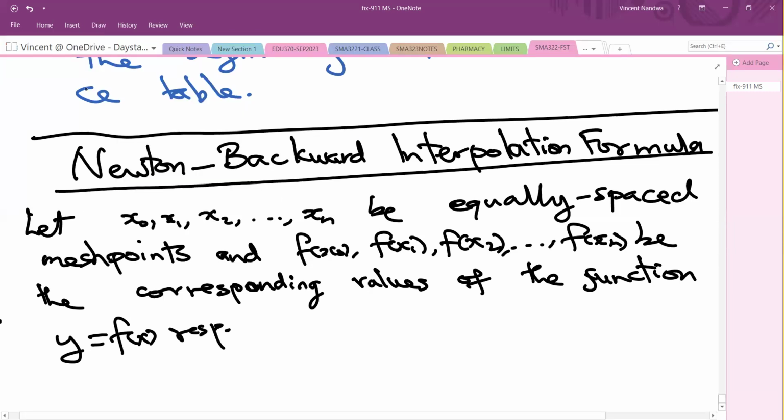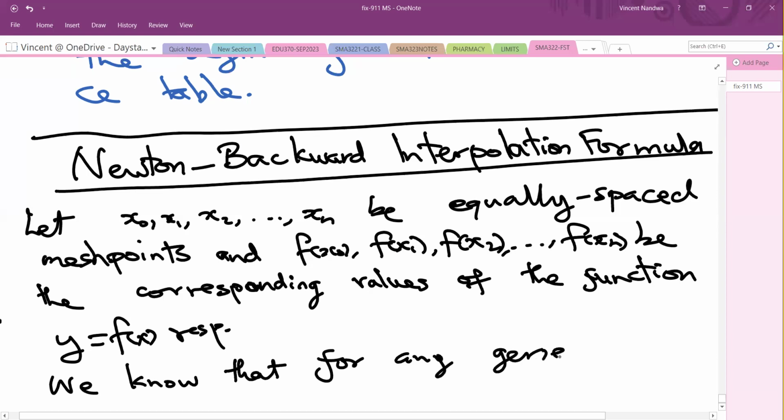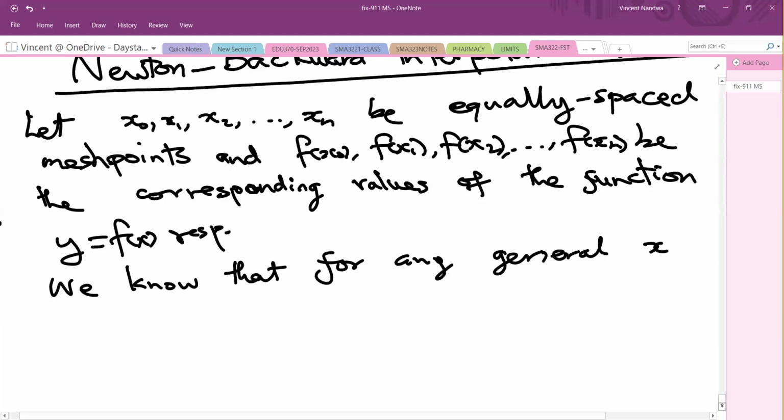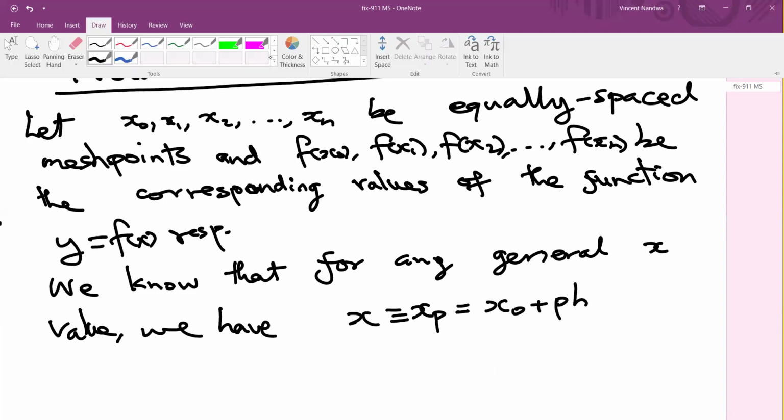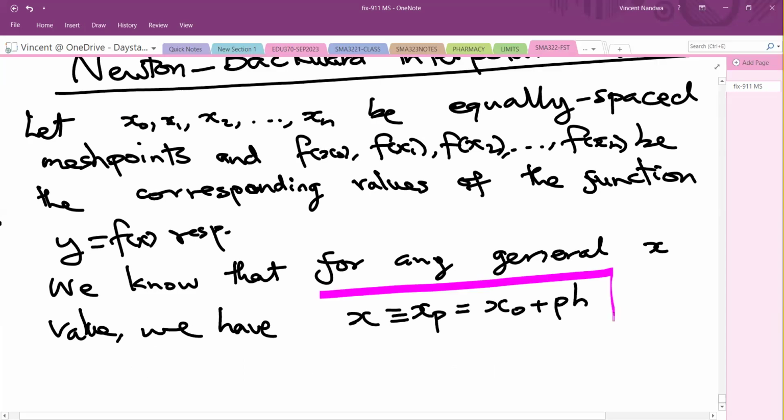Because we have already said that the mesh points are equally spaced, we know that for any general x value, x, which can be written as xp, is x naught plus ph. What makes us have that relation is that these mesh points are equally spaced.